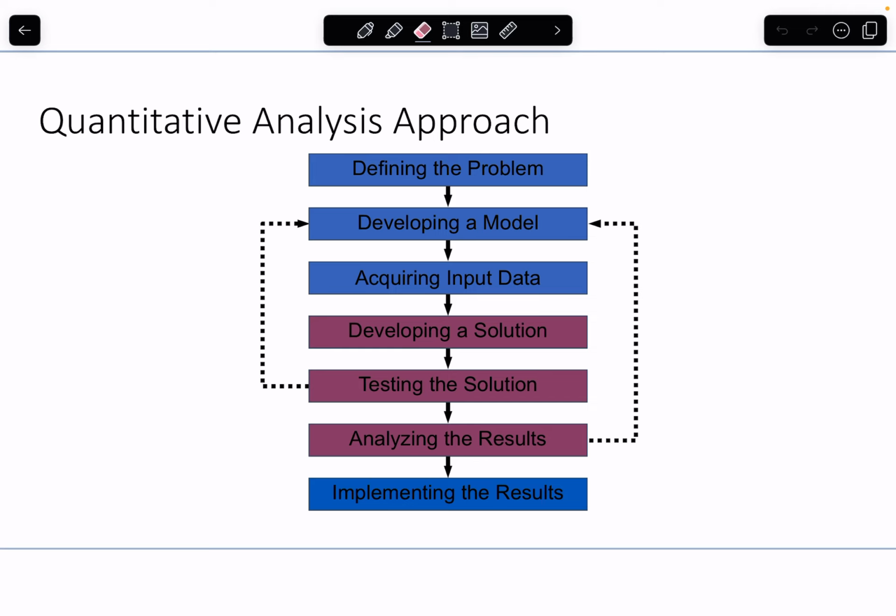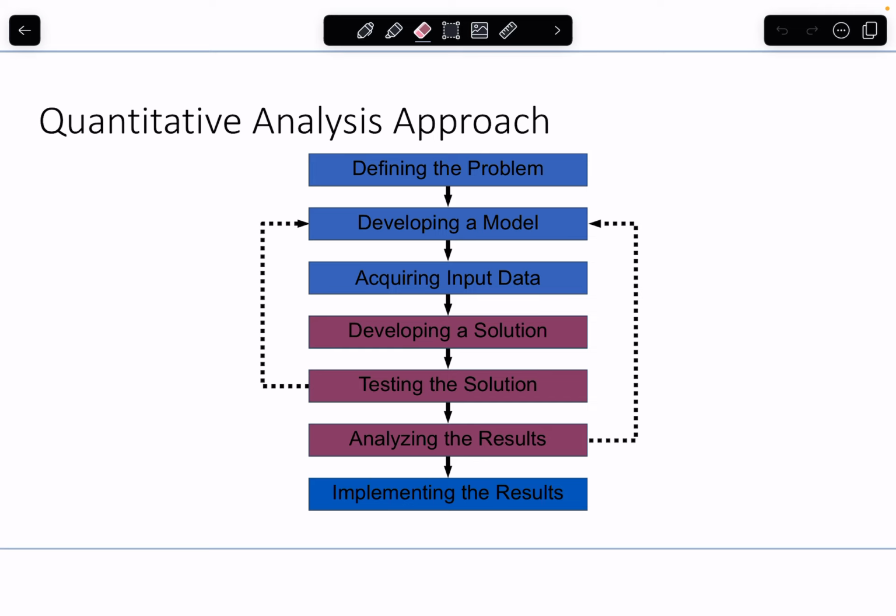Once it is clear to us what the problem is, we develop a model. Depending on the problem, are we going to use an LP model, a decision tree, or a network that needs network analysis, and other things.